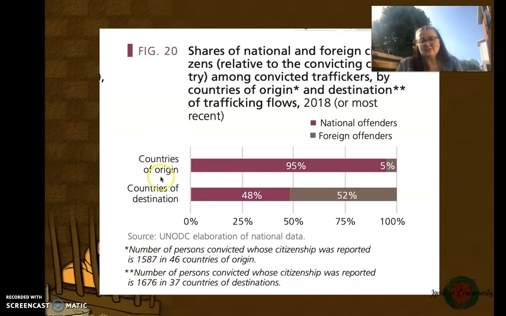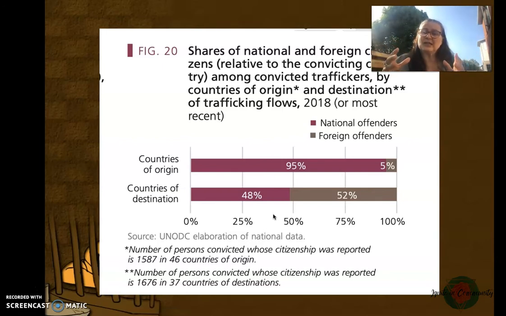This data is just showing between countries of origin, where 95% of the convicted offenders are national offenders, versus countries of destination, where we have 48% that are national offenders versus 52% that are foreign. And here it becomes more complicated and more complex to actually arrest, prosecute, and convict, because again, we have so many countries that are involved in so many regions, and this is particularly in Europe, where the countries are very small in area.